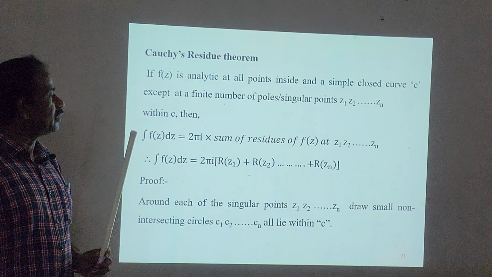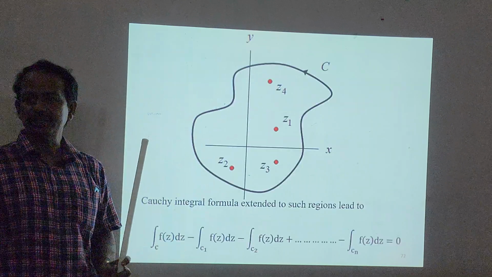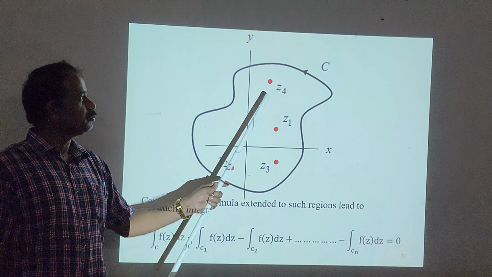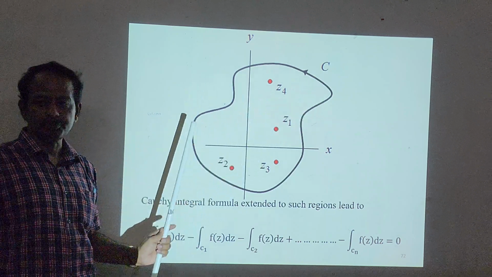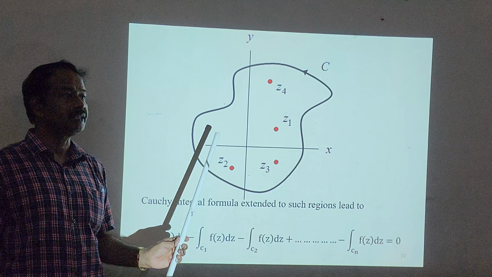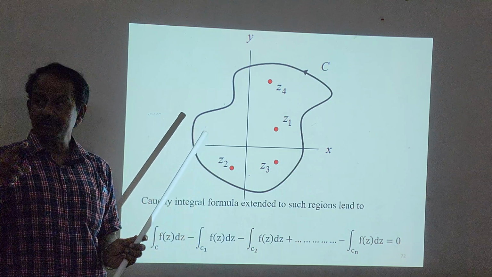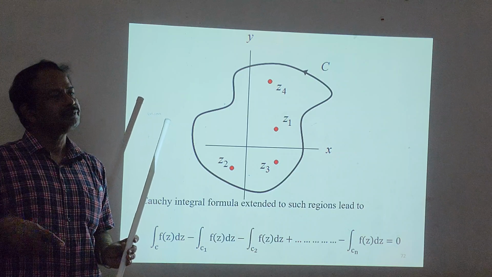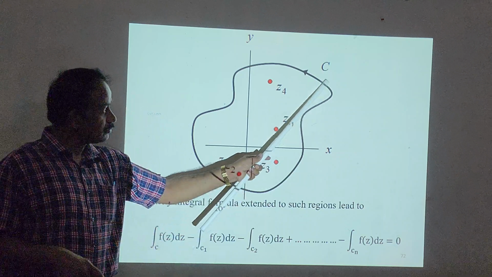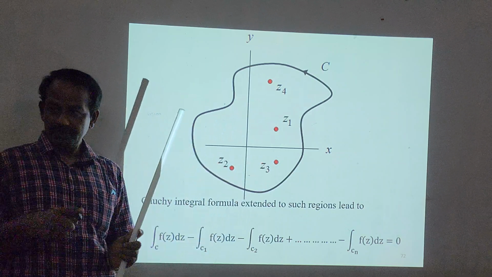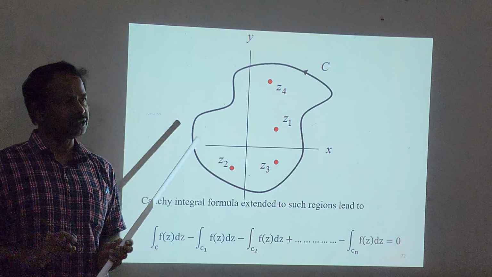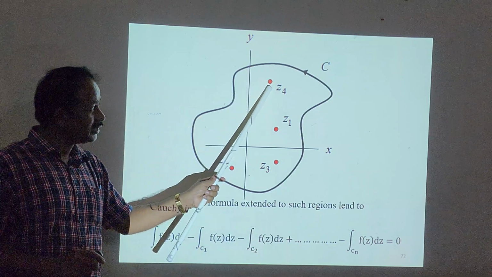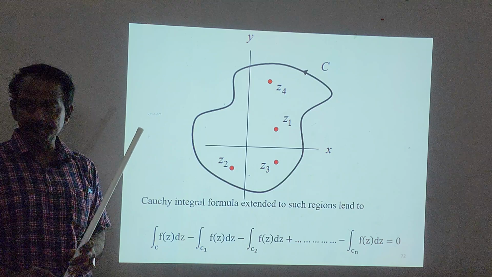For example, let us take the picture, suppose this is the contour problem. In the last video lecture we learnt that the integration of f of z dz equals 0. Now I have certain points inside.